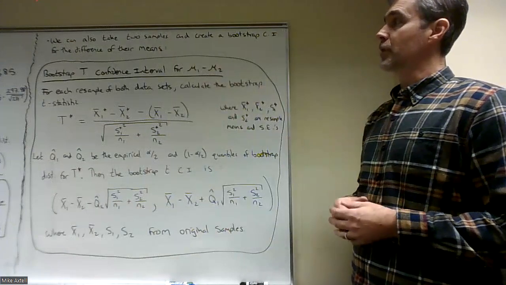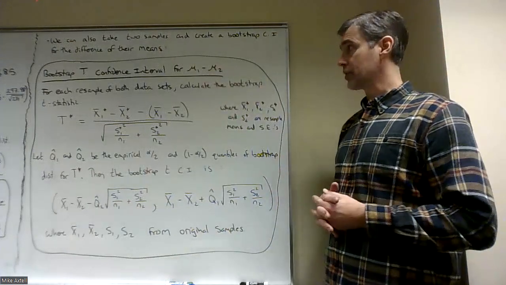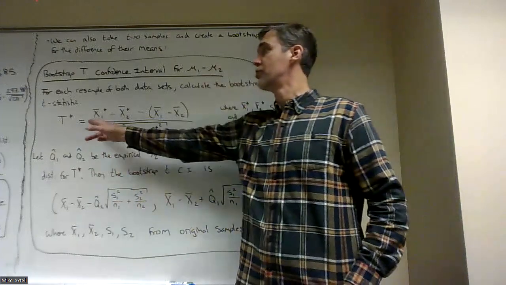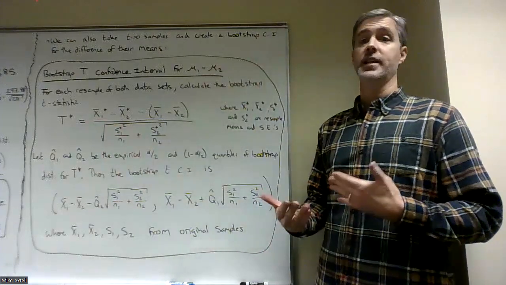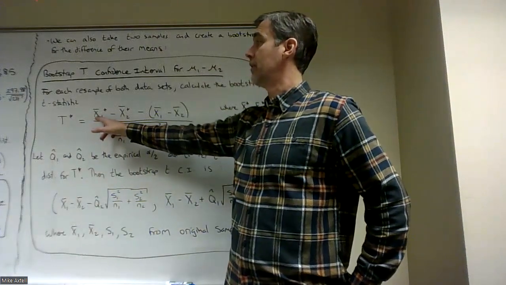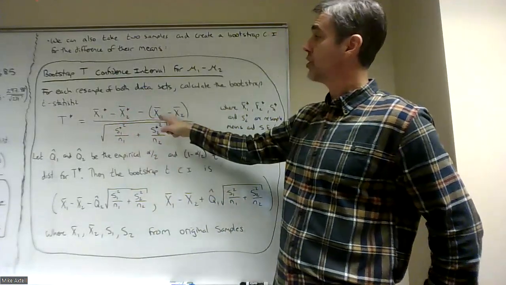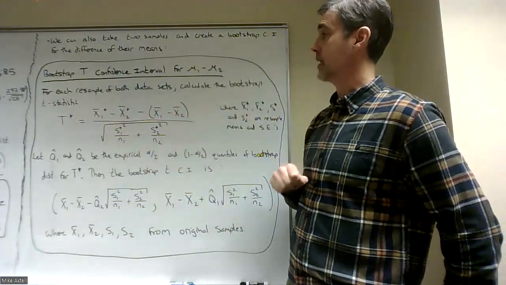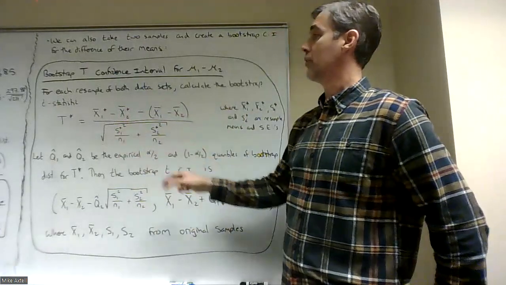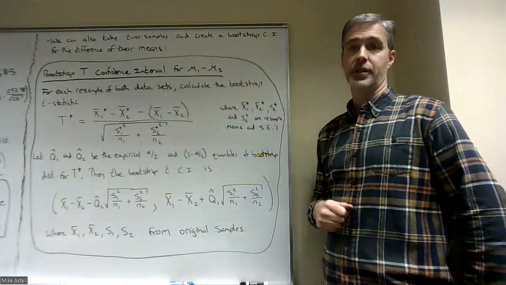What we're going to do is resample each of the original two samples, and calculate this bootstrap T statistic for each resample. So T star will be the resample mean of the first sample minus the resample mean of the second sample, minus the original first sample mean minus second sample mean, all over this square root where S1 star and S2 star are the standard errors for the resamples, okay?